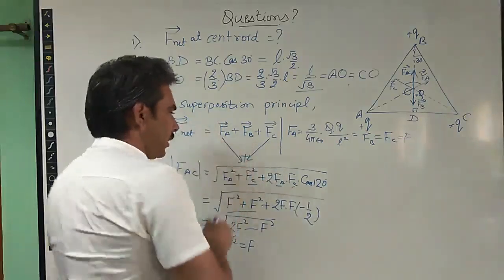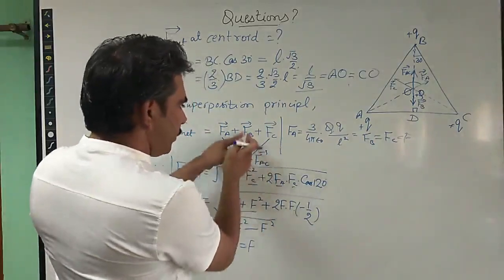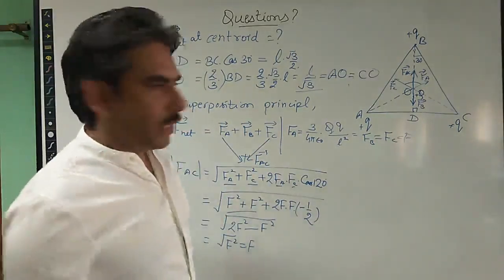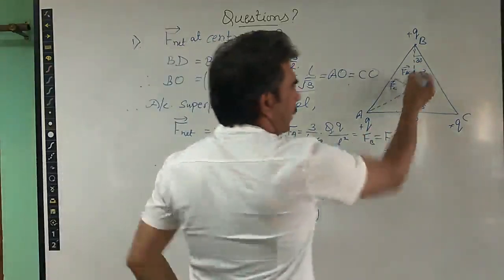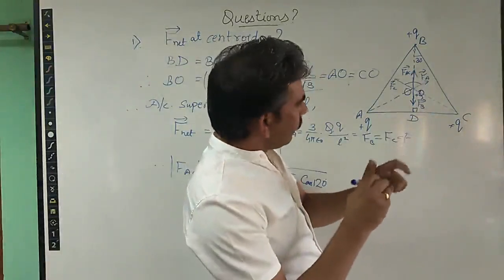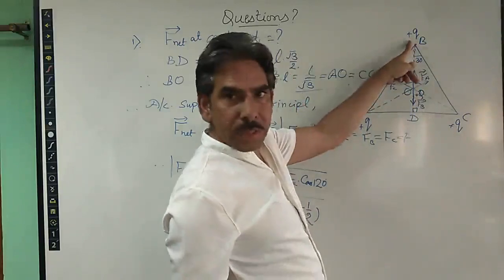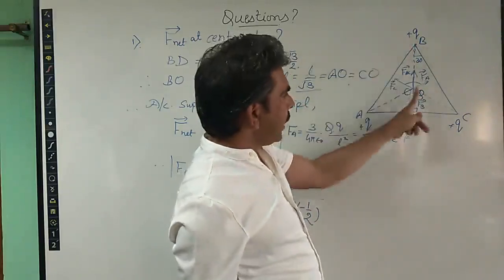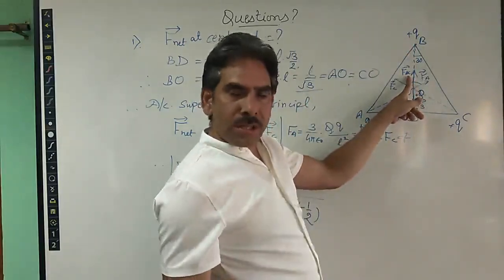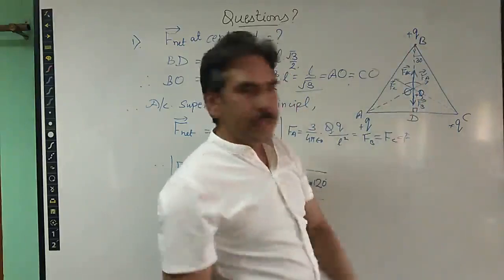We can find out the resultant. So here is FAC, which we have found. We have to find the resultant of FAC with FB, and then we can get the net force at the centroid. If we see the diagram carefully, this force FB, due to the charge placed at vertex B, is directed away, and this force FAC, which is equal in magnitude, is directed towards B, meaning opposite to FB.